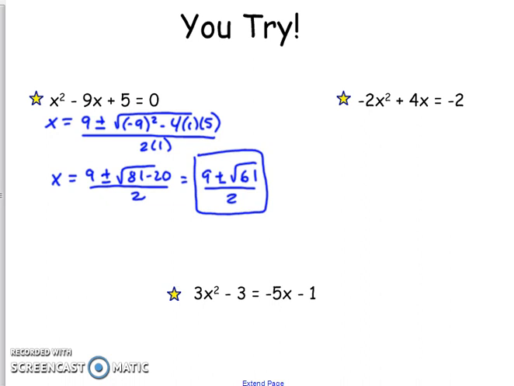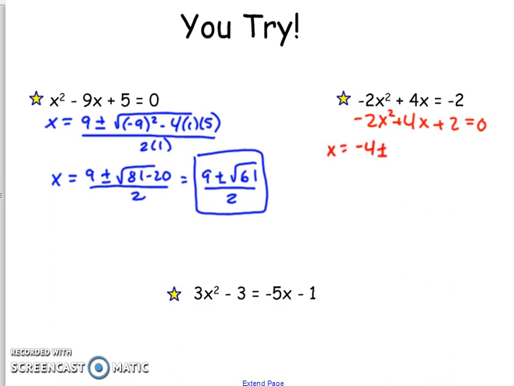And the second one, we have to set it equal to 0 first. So we're going to add 2. So negative 2x squared plus 4x plus 2 equals 0. And I'm going to plug it in.